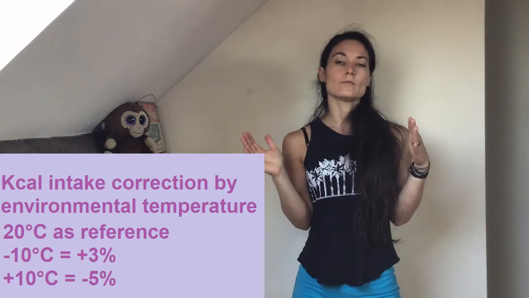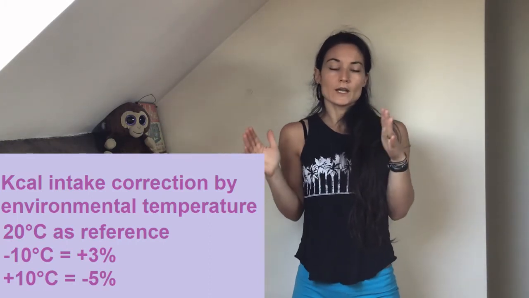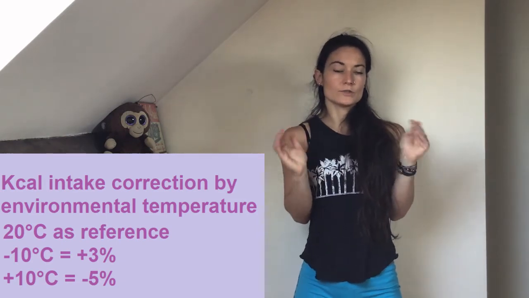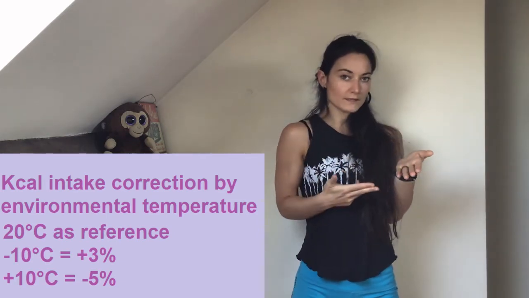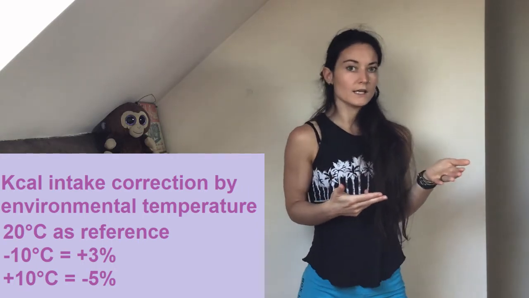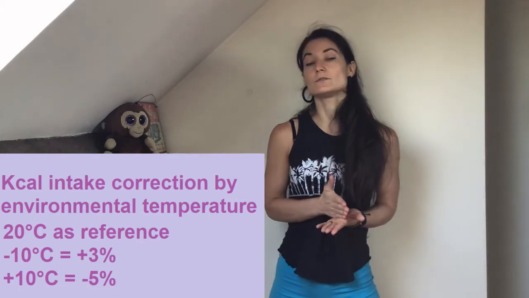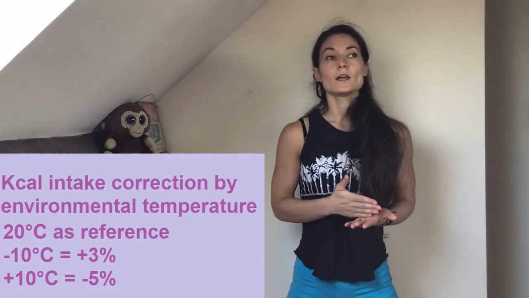The climate as well can influence quite a lot. So if as reference we take 20 degrees Celsius, every time we actually remove 10 degrees Celsius of the 20s, then we should add 3% of the calorie intake needed. So let's say that if we are at 0 degrees, probably we would need to add 6%.